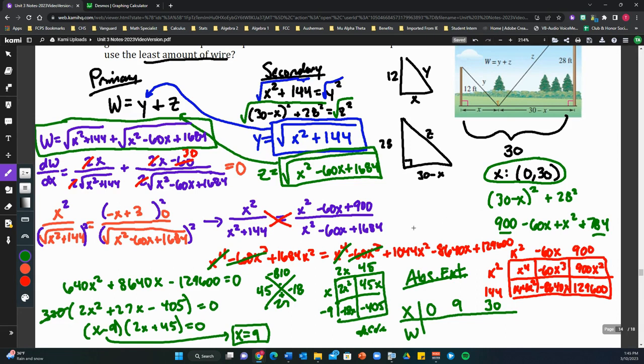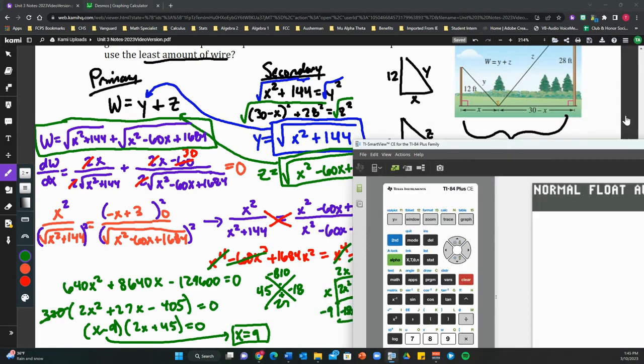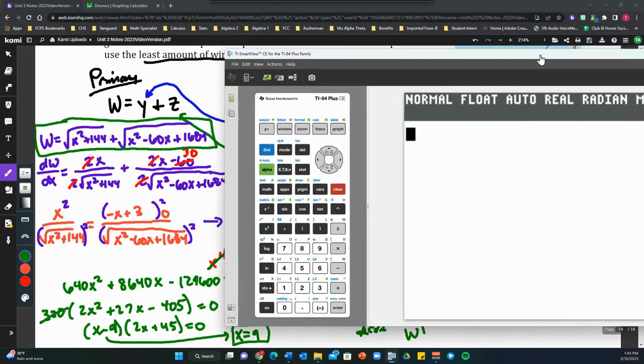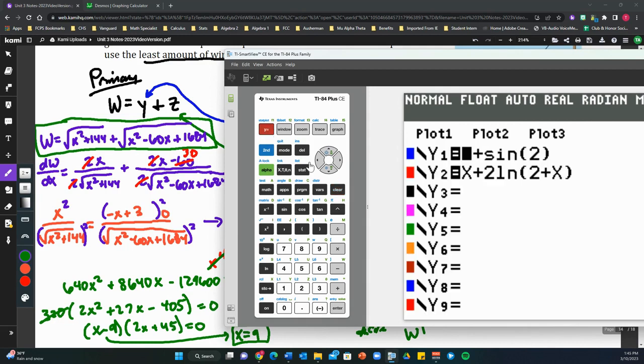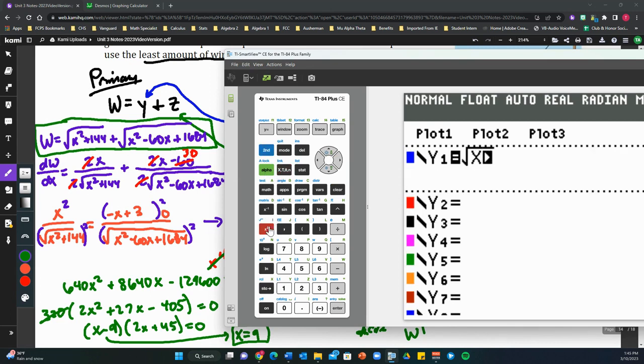Now, plugging these values of X in, we can use a graphing calculator to help us speed up the process. Whenever you're repeatedly plugging values into the same function over and over again, I recommend storing the function into y equals. So y equals would be the square root of x squared plus 144.